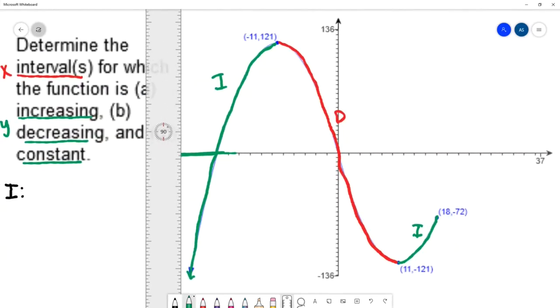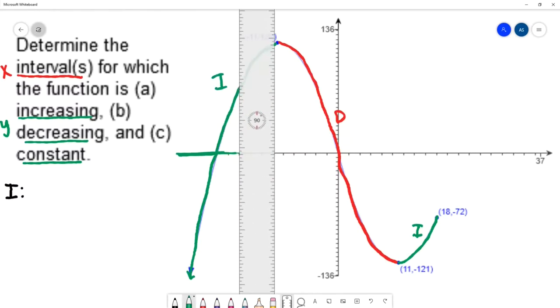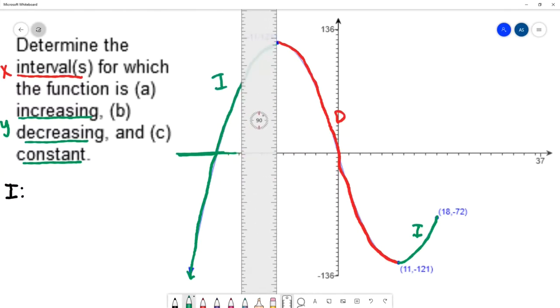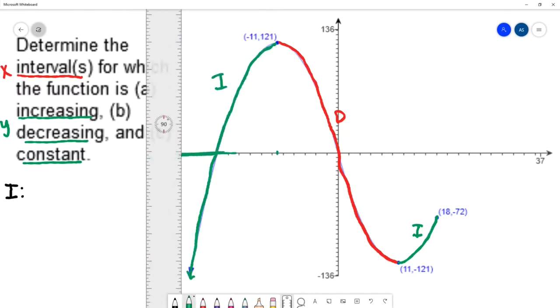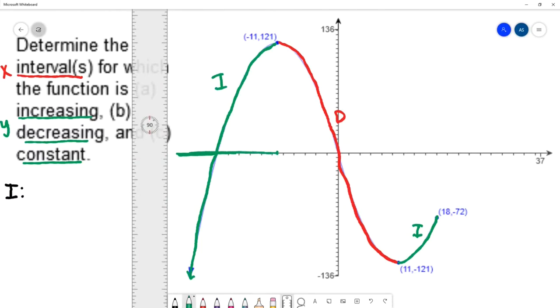And then it's going to stop right here. So the x's are going to go from negative infinity to this particular x value, negative 11. So this function is increasing from negative infinity to negative 11.